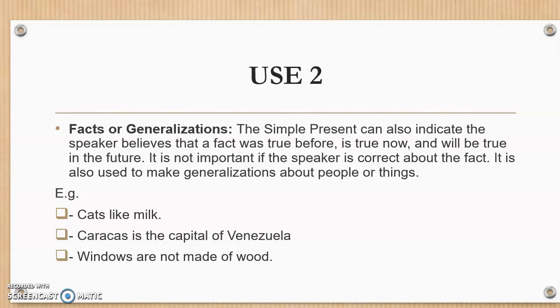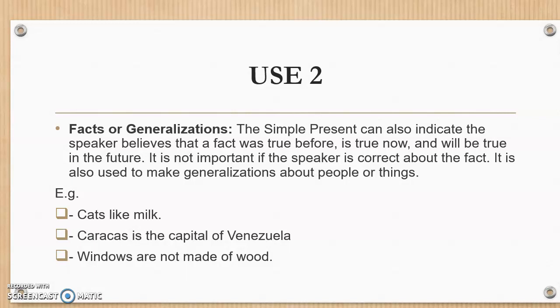The second one is talking about a fact. Caracas is the capital of Venezuela. Caracas is one of the cities in Venezuela, a part of Venezuela. That's a fact.